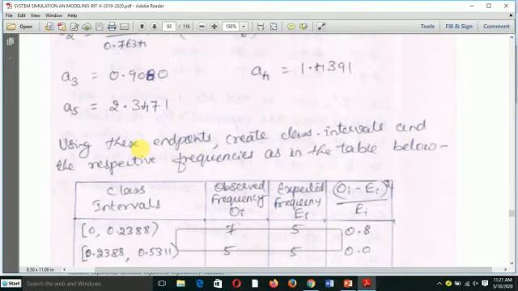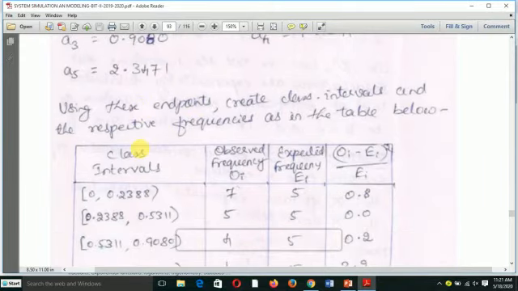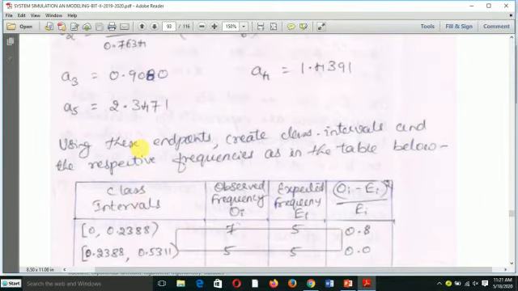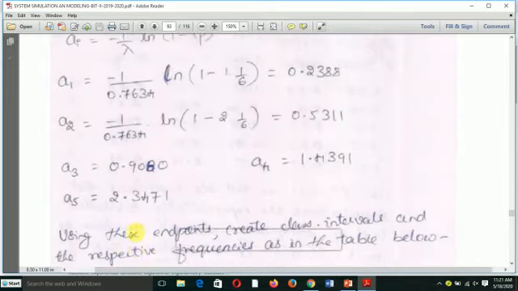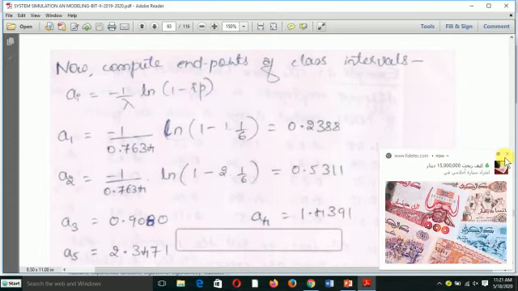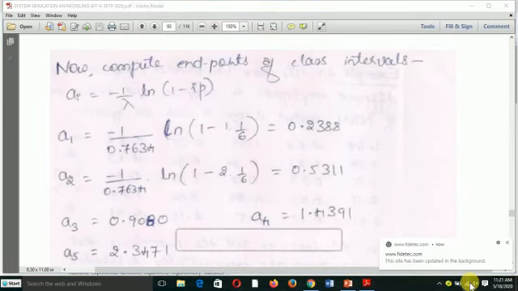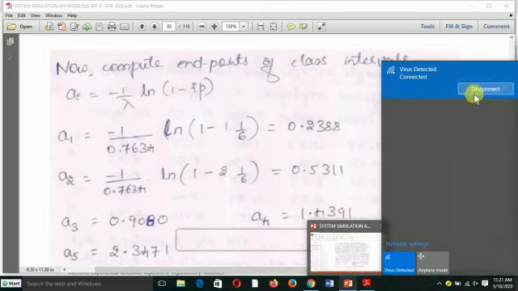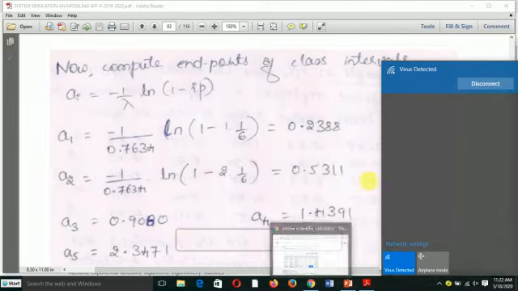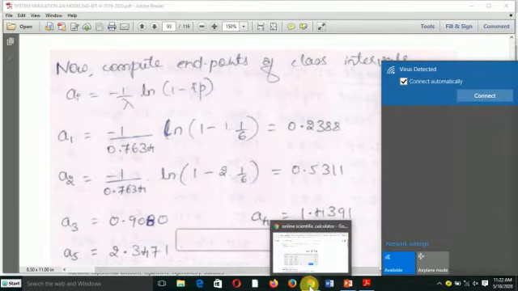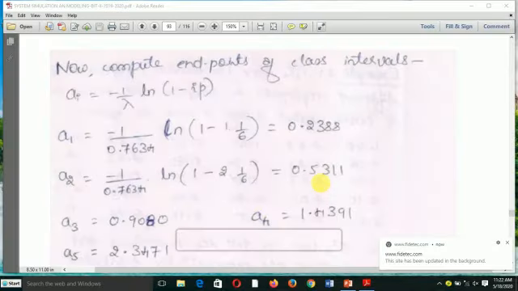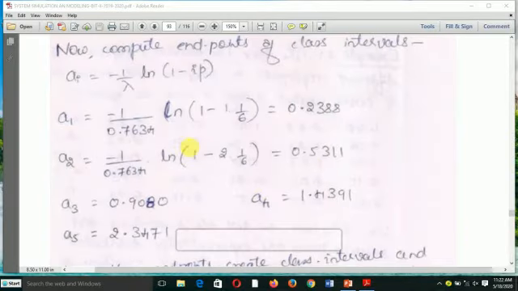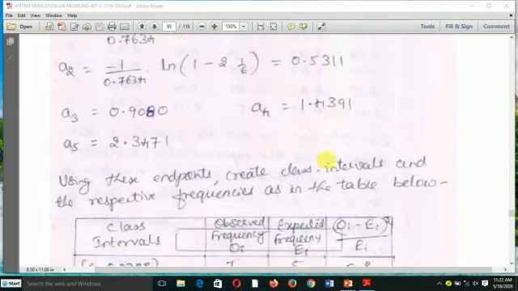So how will we create the end points? We will start from 0 with the first end point. The first end point is this one. The second one will be this one, and so on.